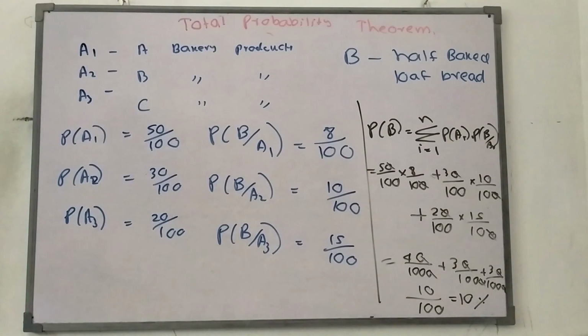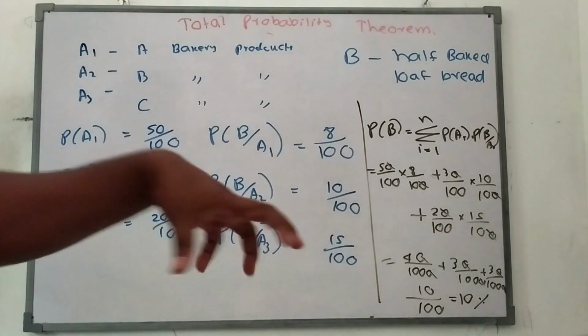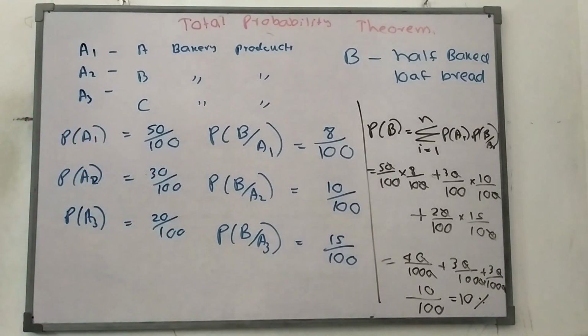So that is what we need. It can be coming from the A bakery, B bakery, C, all total, right? The total probability we are targeting. So that is what they ask.